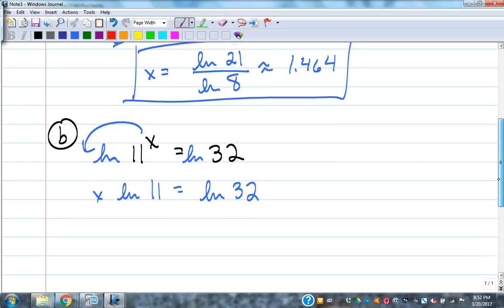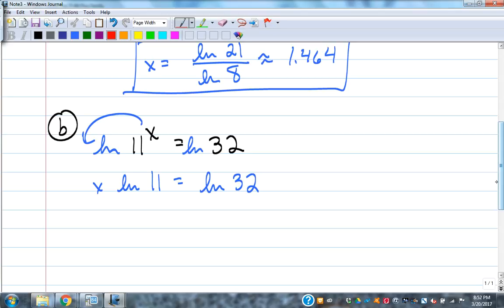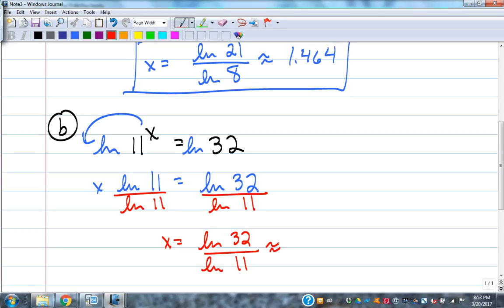And then I do what? Divide by the ln of 11. So natural log of 32 divided by natural log of 11.